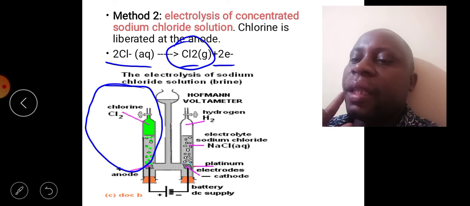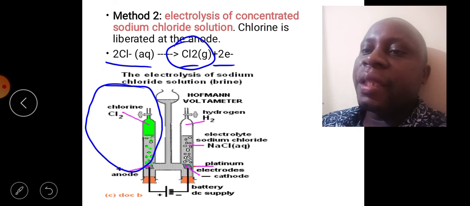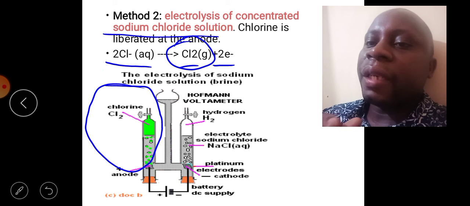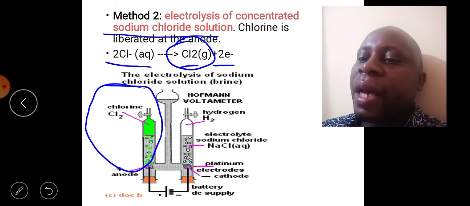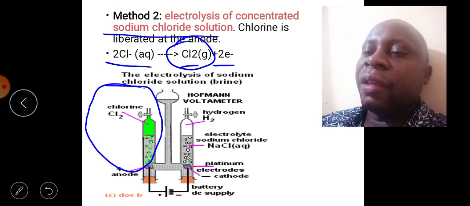So we are saying that the second method that we use for preparation of chlorine is electrolysis of concentrated sodium chloride, and chlorine will be collected at the anode due to oxidation of the chloride ions.